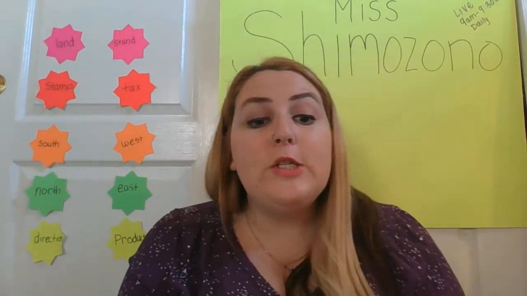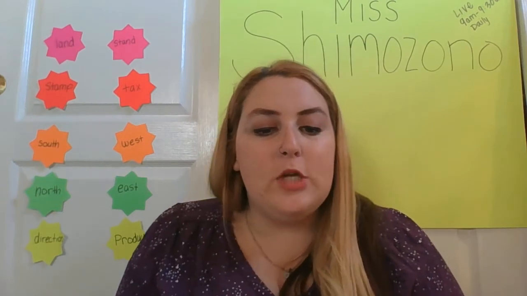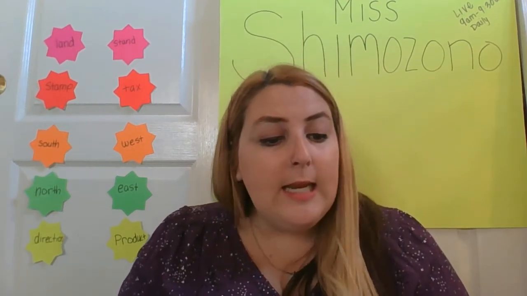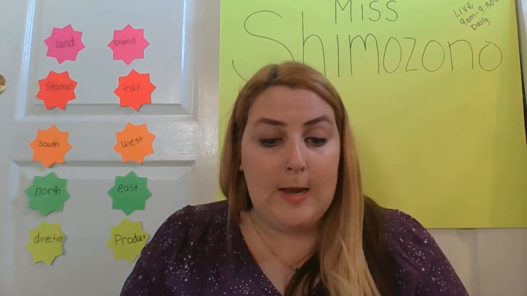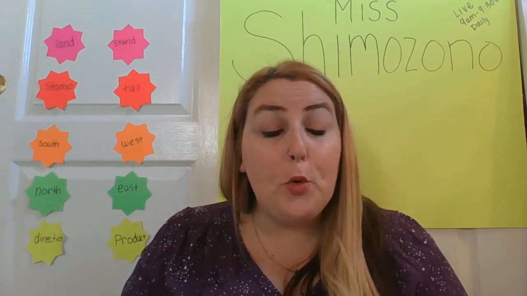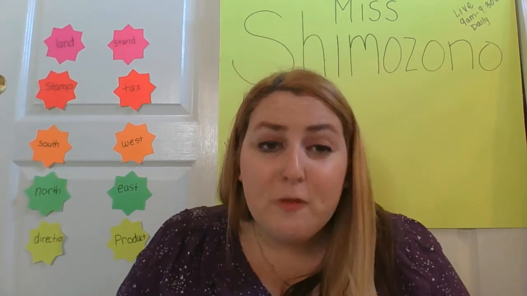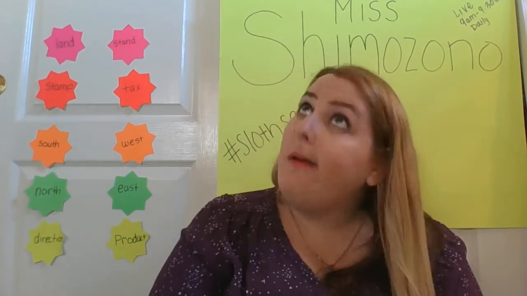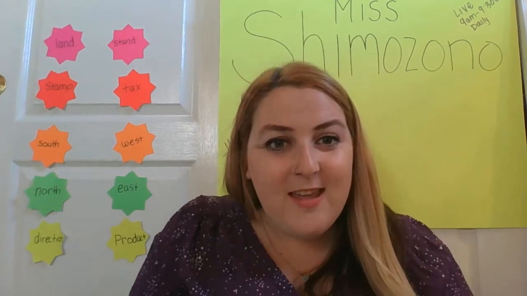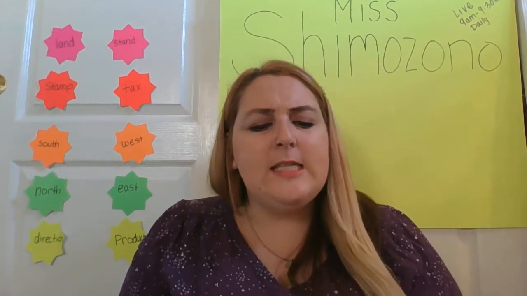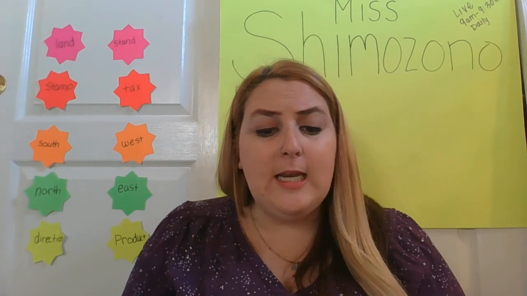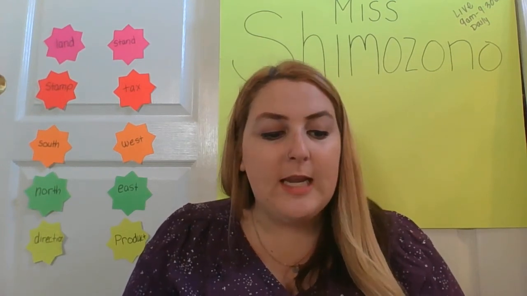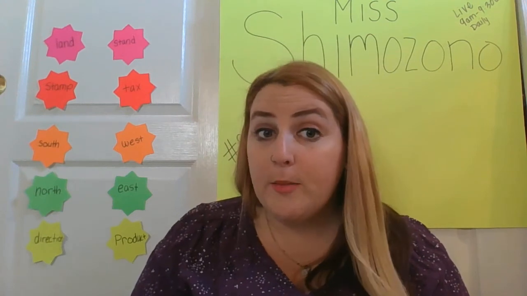Okay, page 3. The simple subject is the most important word in the complete subject. It is a noun or pronoun that tells whom or what the sentence is about. Friends, a noun. Person, place, or thing. The simple predicate is the most important word in the complete predicate. It's a verb.